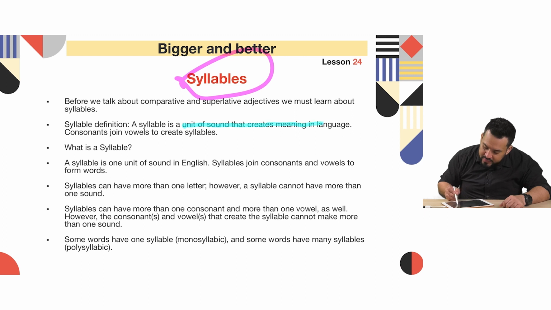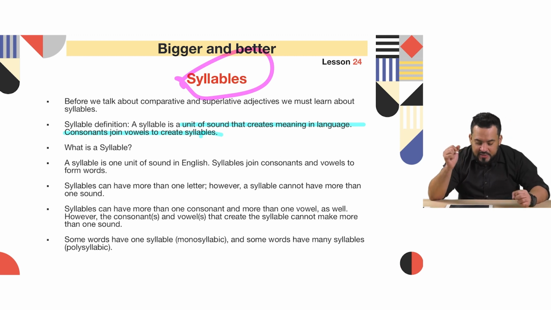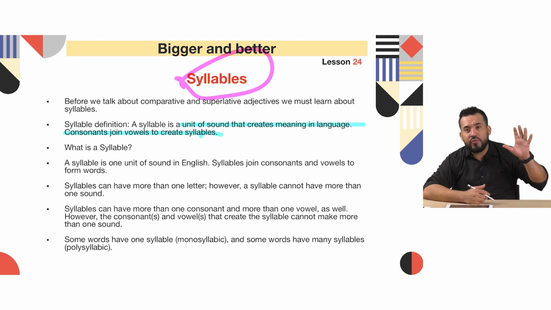A syllable is a unit of sound that creates meaning in language. Consonants join vowels to create syllables. Okay, what does that mean? A syllable is one part of the word.